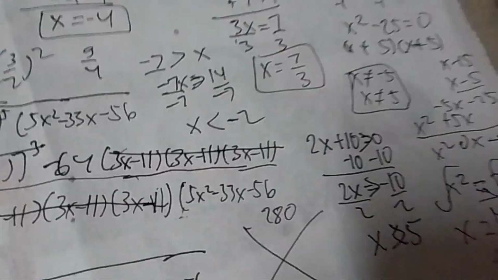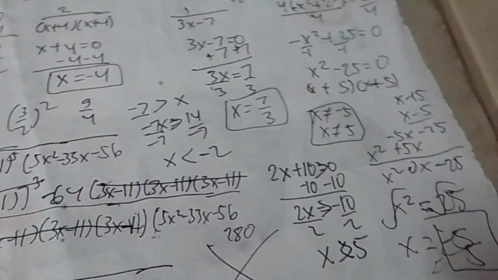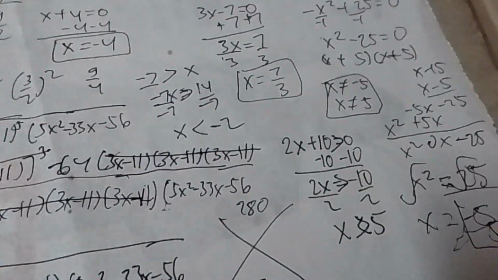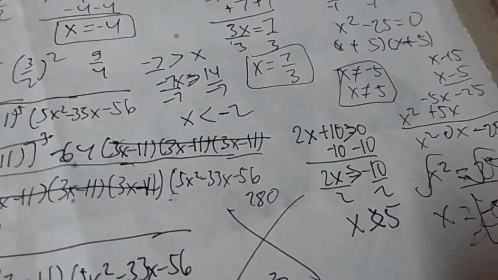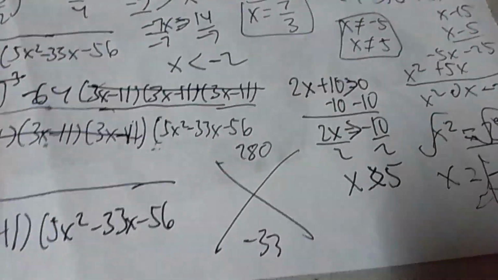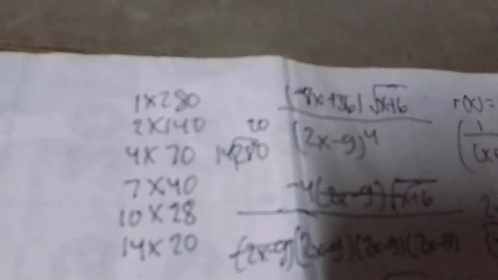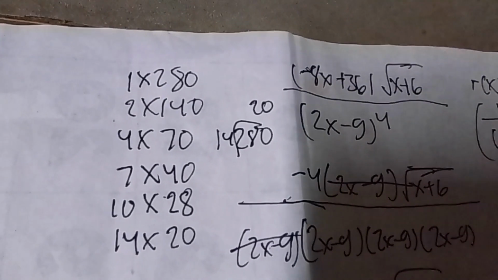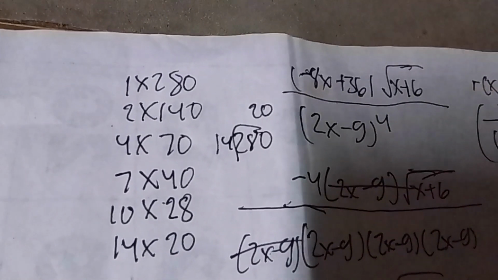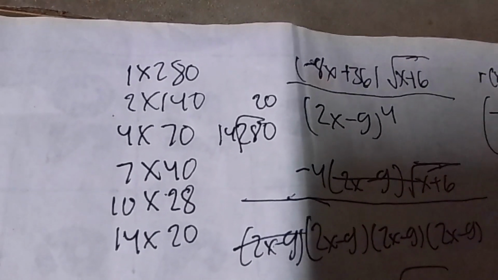Kasi dapat we are supposed to add these values together to give you negative 33 and multiply together to give you negative 280. So therefore we list down all the possible values. 1 times 280, 2 times 140, 4 times 70, 7 times 40.